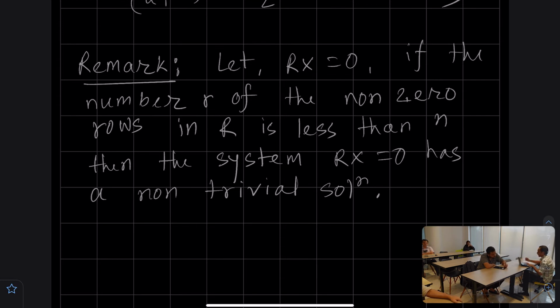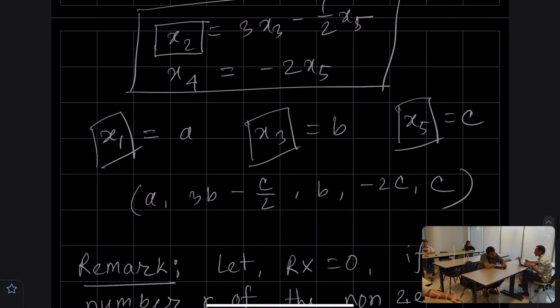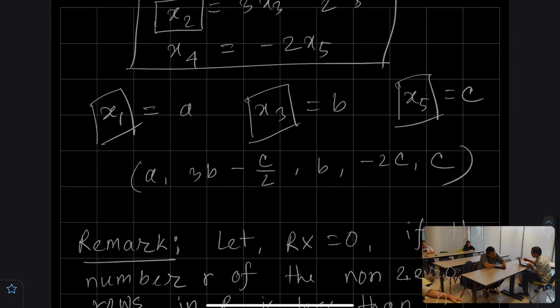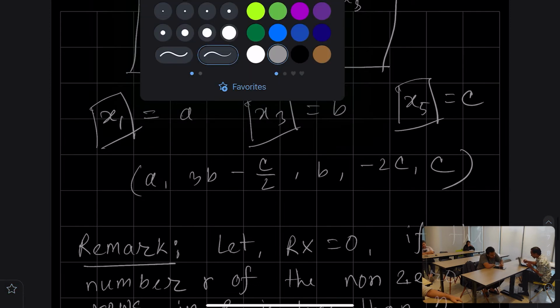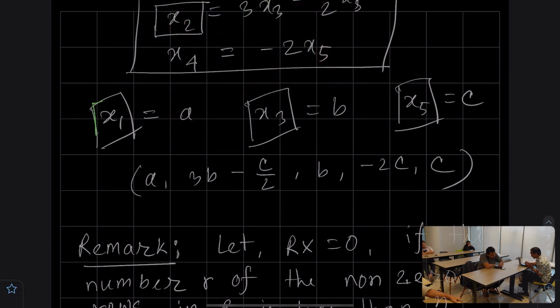So as we discussed, we can choose x1 to be 0, x3 to be 0, and x5 to be 0, then the solution is trivial, right? But we have the freedom that any one of these, x1, x3 or x5, need not be equal to 0.